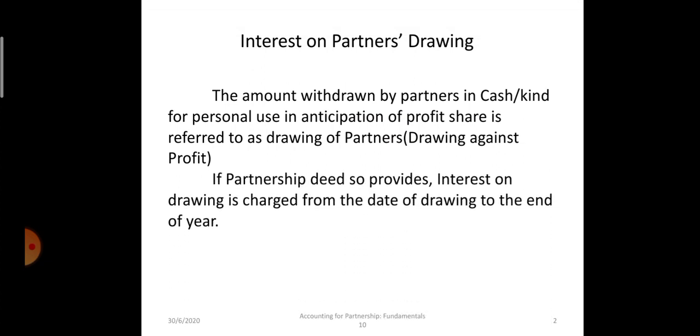If partnership deeds so provide, interest on drawing is charged from the date of drawing to the end of the year. If the partnership deed provides for interest on drawing and the rate of interest is mentioned, only in that case will interest on drawing be allowed or charged. Otherwise, in the absence of a partnership deed or if the question is silent, interest on drawing will not be charged.